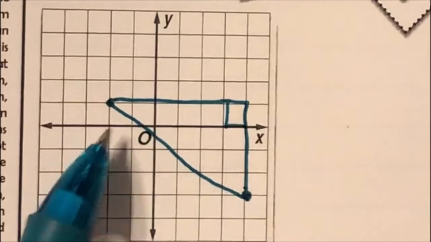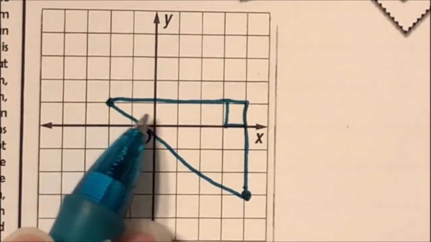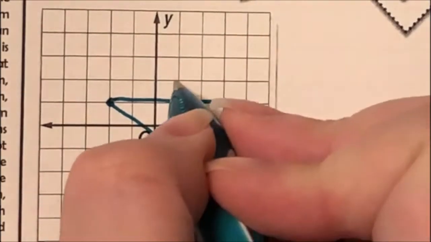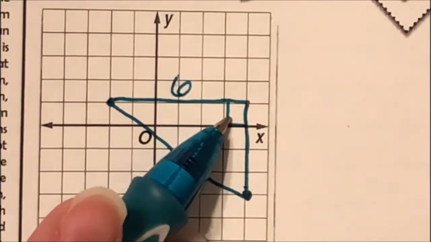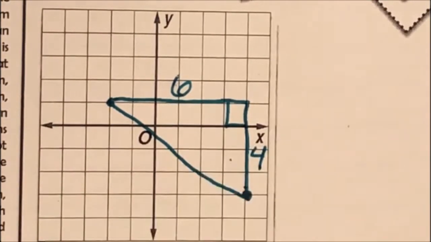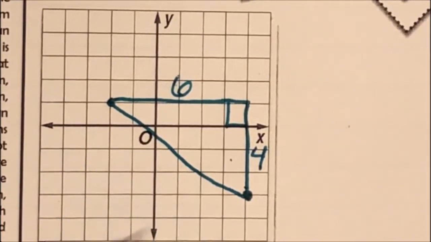So I can figure out this distance and this distance. This is 1, 2, 3, 4, 5, 6 units. And this is 1, 2, 3, 4 units. Then I have this distance, which is one that I don't know.